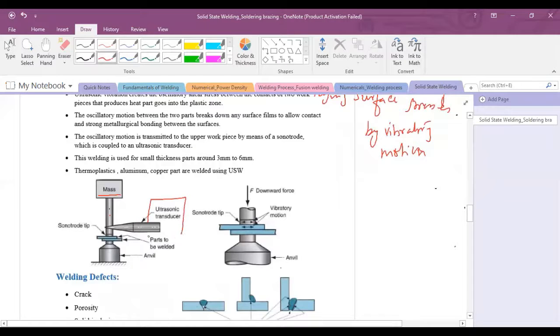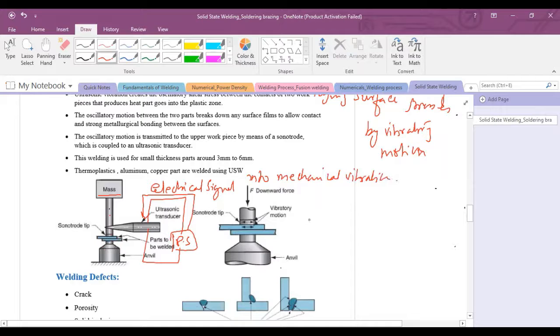This transducer is connected with the power supply, and from this power supply, an electrical signal will go into the transducer. The transducer will convert this high electrical signal into mechanical vibrations, and due to mechanical vibration, this clamping rod will oscillate in this direction, right and left.